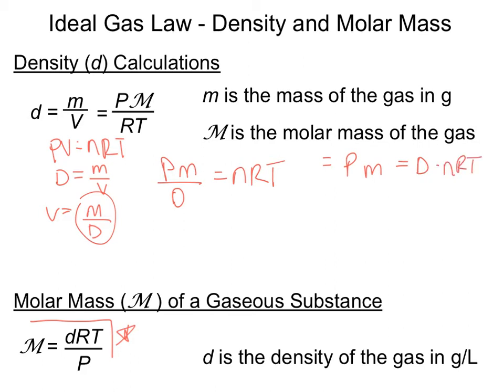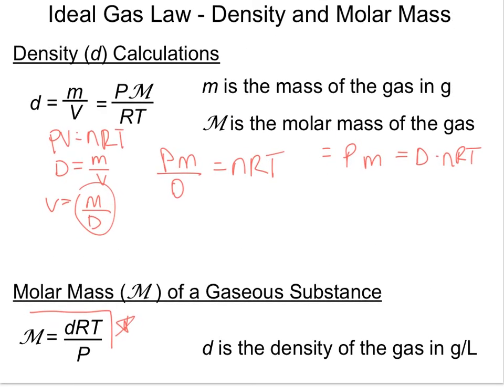Then if we rearrange this equation and solve for density by itself, we end up with density being equal to P times mass divided by nRT.